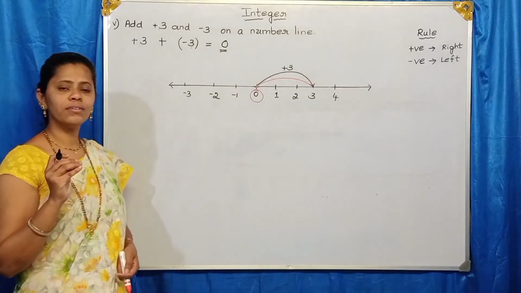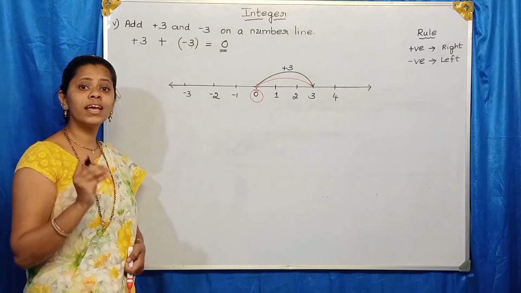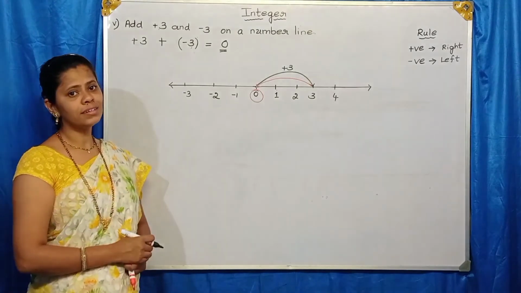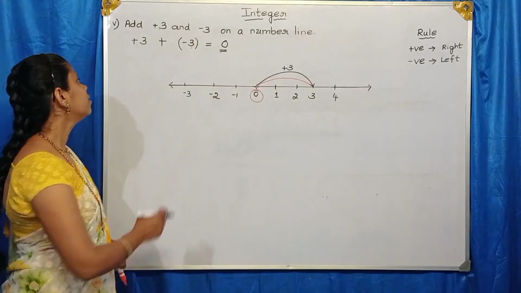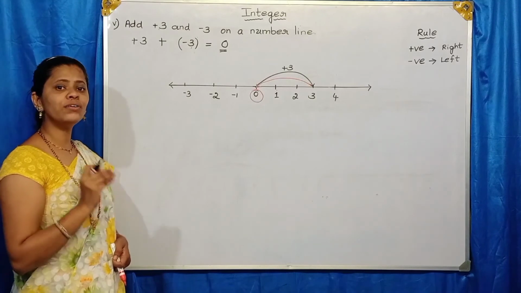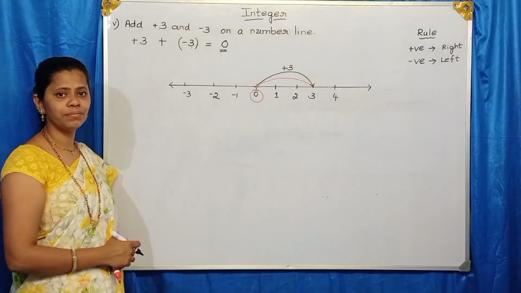Like this, when you add the same numbers with opposite signs, you will get 0. Then, these two numbers are called additive inverses of each other.